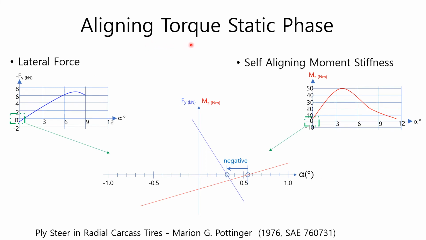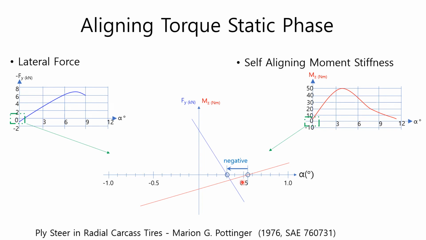Pottinger defined the aligning torque static phase as the number of degrees of side slip angle between the lateral force intersection with the side slip angle axis, at which lateral force is 0, and the aligning torque intersection with the side slip angle axis, at which aligning torque is 0.